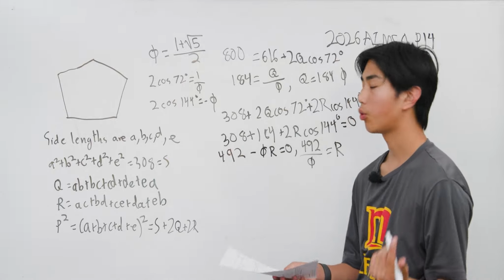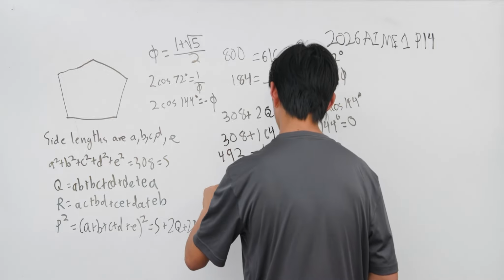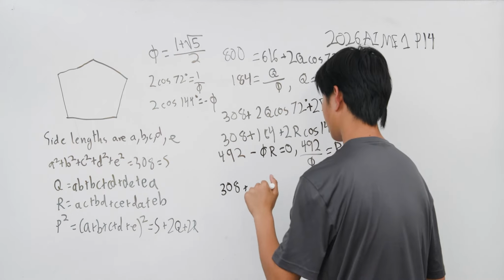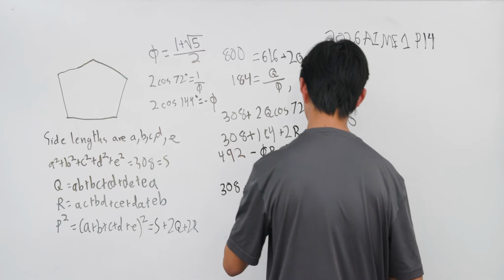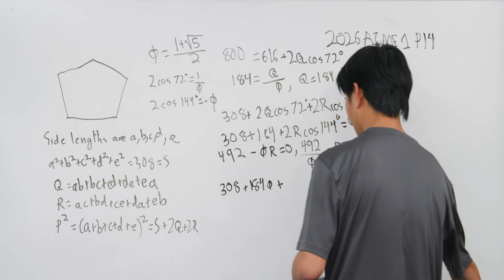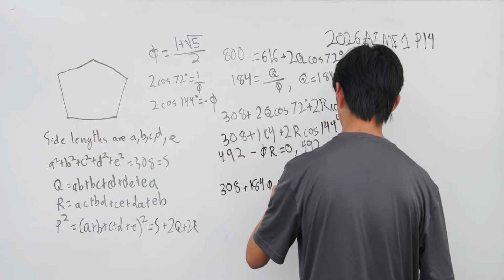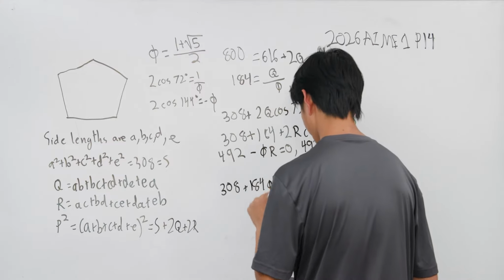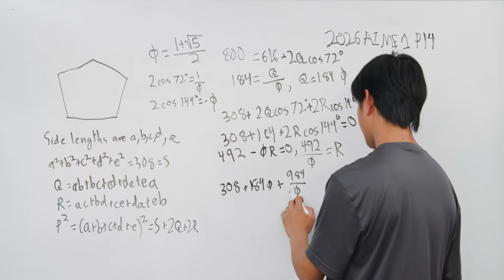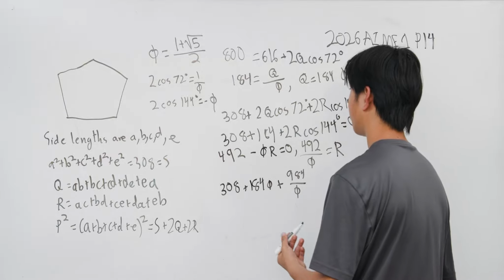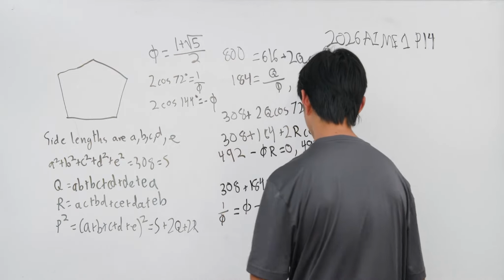Then the sum that we want to find is 308 plus 184 phi plus, because we multiply by 2, this is going to be 984 over phi. And then for this value right here, what we can do is we apply 1 over phi is equal to phi minus 1.